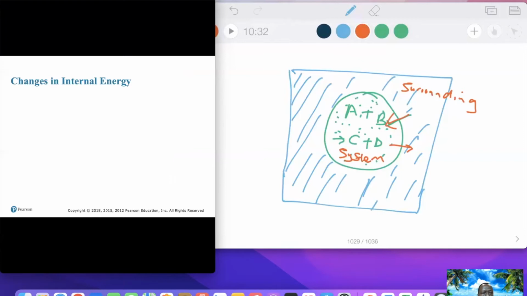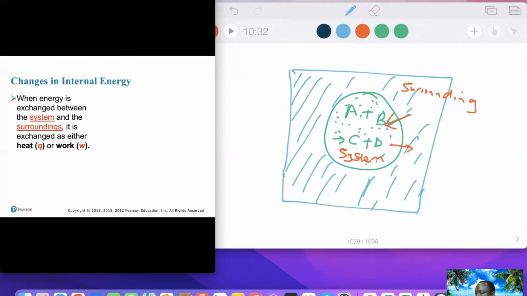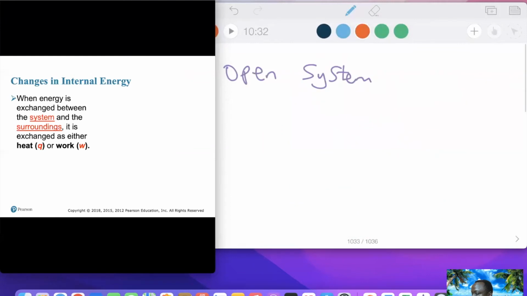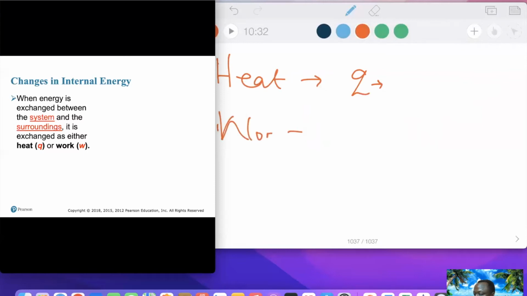The system is losing. Now, when energy is exchanged between the system and the surrounding, it's either exchanged as heat or work. We use Q to mean heat, and W, of course, the first letter for work.